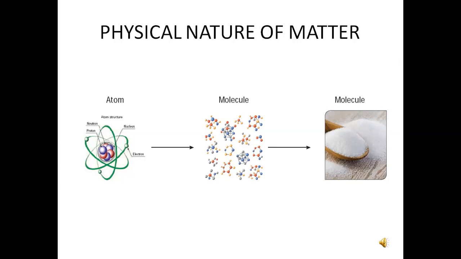Two or more atoms make up molecules. Atom is the smallest particle, and two or more atoms make up molecules. Molecules make up matter. Matter can be grouped into solids, liquids and gases based on the above characteristics. These are the three physical states of matter.